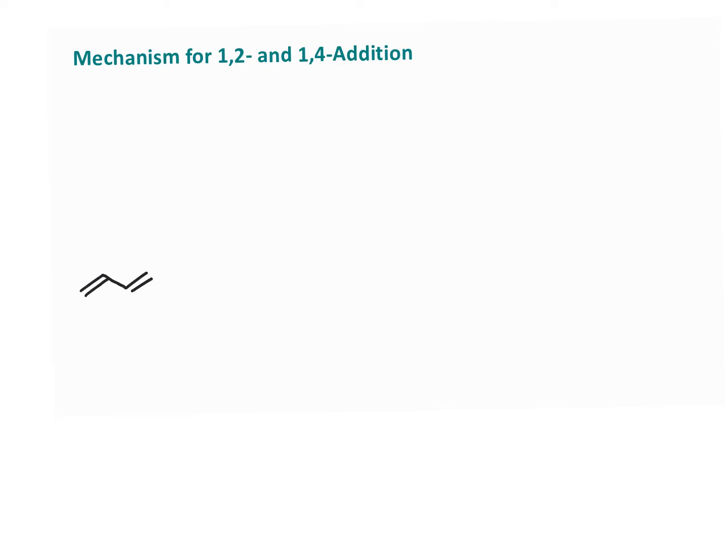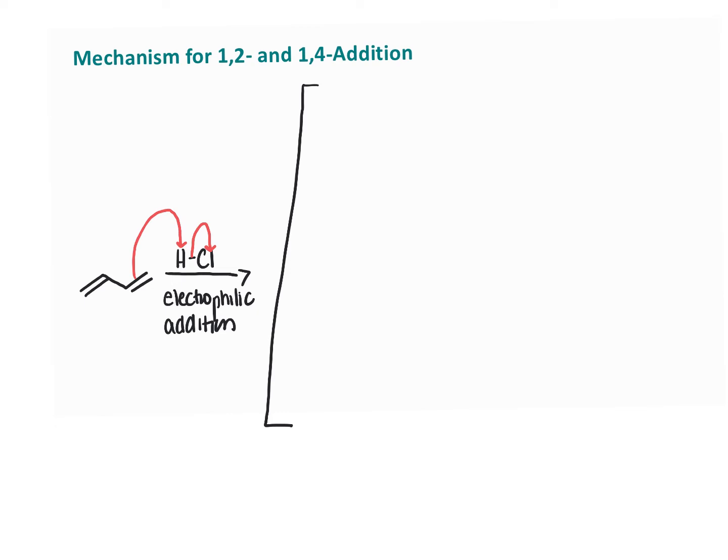This is buta-1,3-diene, and it's going to go through an electrophilic addition with HCl, okay? And so this is nothing out of the ordinary. These electrons come here, and those electrons go there. Now, there's going to be some resonance, so I'm going to build a big bracket there.